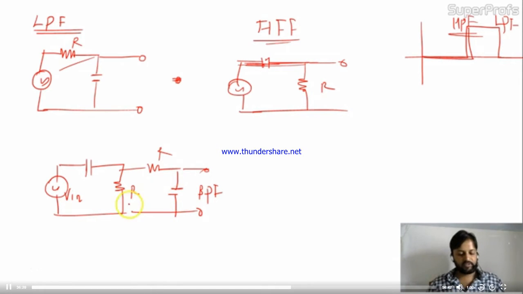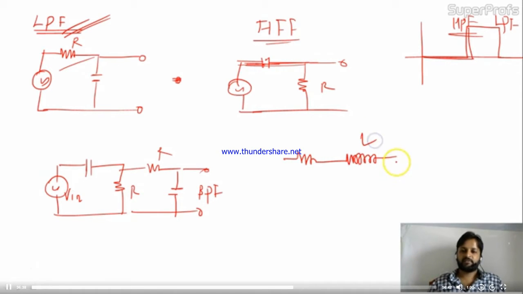Okay friends, now let's come to this, again a low pass filter. In the low pass filter we can use a second order low pass filter. If we want to design it, we need two memory elements. So here I can use an inductor also in this way.